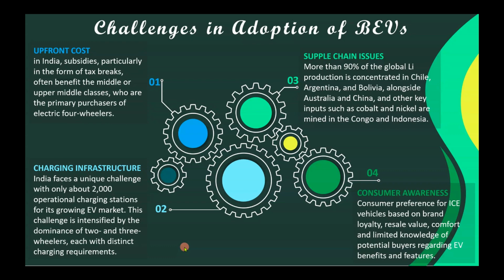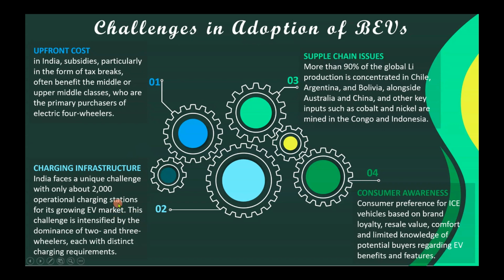But if you're planning a trip outside Delhi, in rural areas, it might become a headache, because finding a gasoline or diesel fuel pump is much easier as compared to charging infrastructure.